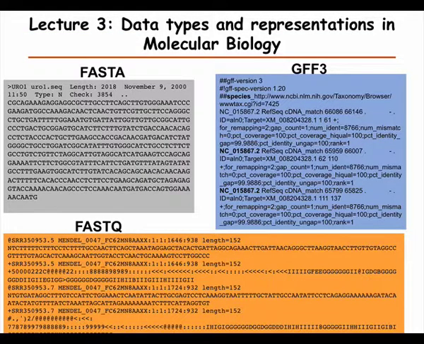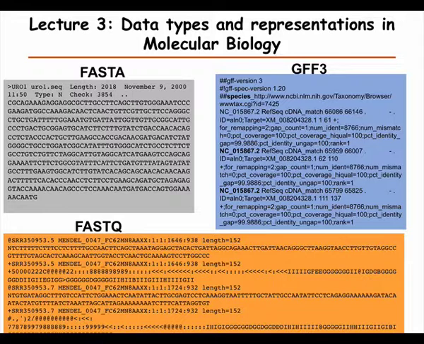The third lecture, which Stuart is going to give, will be about different data types and representations in molecular biology. There are a lot of them, many different ways to represent data, though a few representations are more common than others.